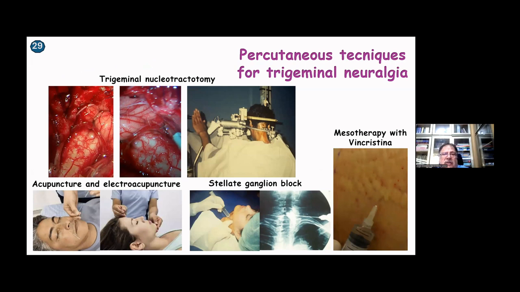Trigeminal nucleotractomy can be done by a percutaneous, stereotactic way.